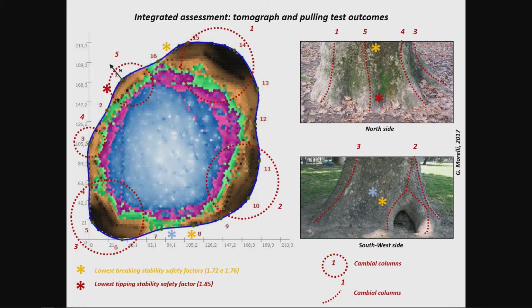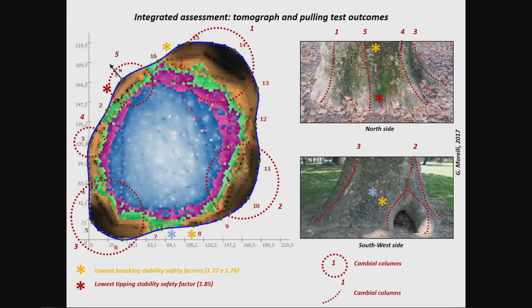And so you can see the same areas on the real tree, and this is where the thinnest alive tissues were. At the same time, you can see easily where the cambial columns were, and you can see them also on the tree.